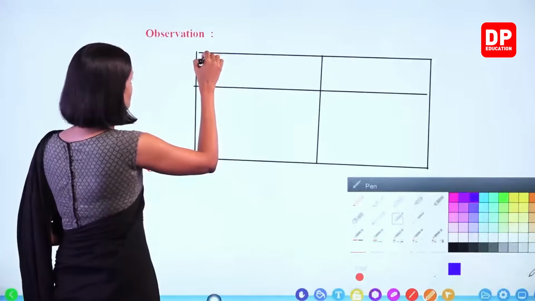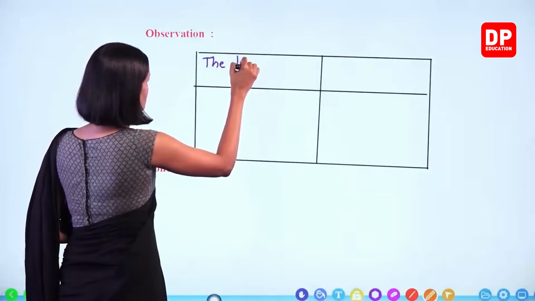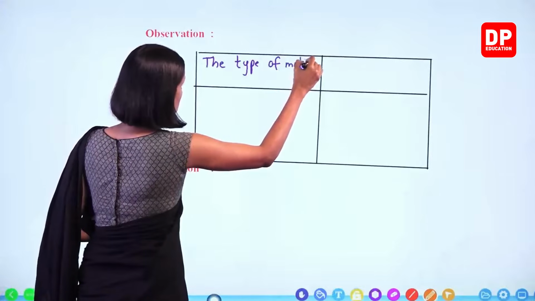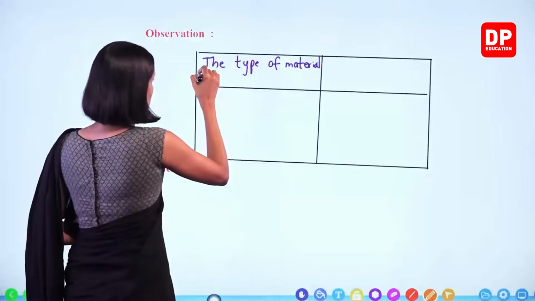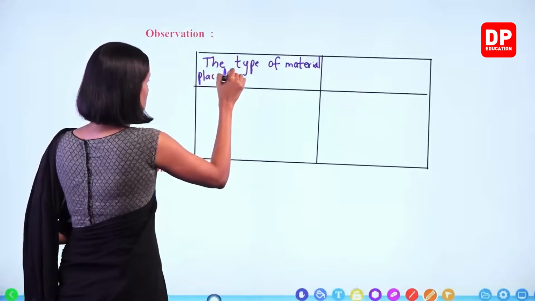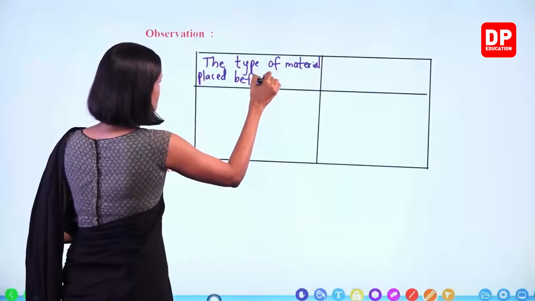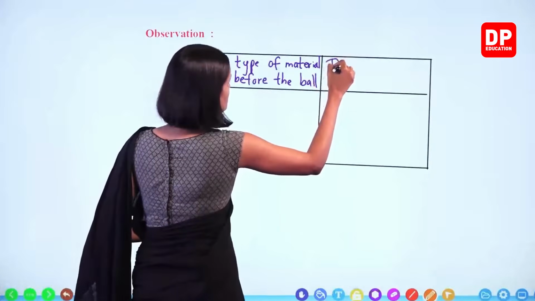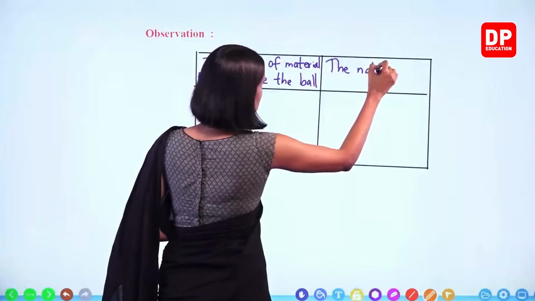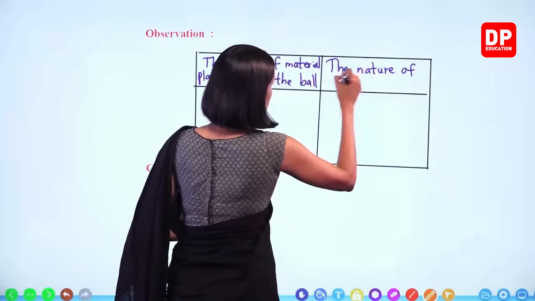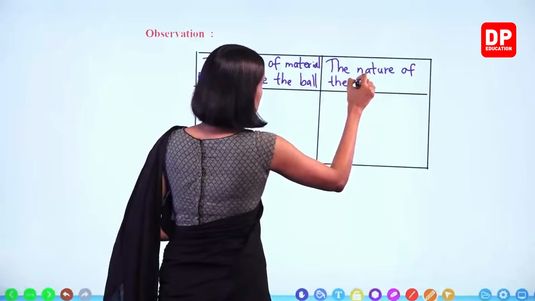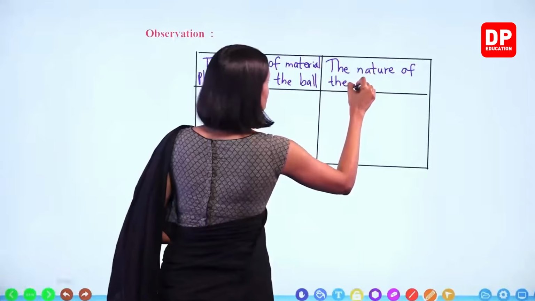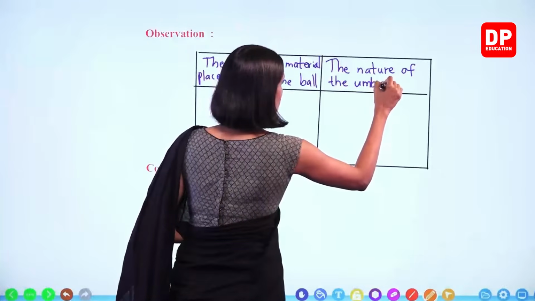So we can write the type of material placed before the ball, the nature of the shadow or umbra formed. Nature of the umbra formed.